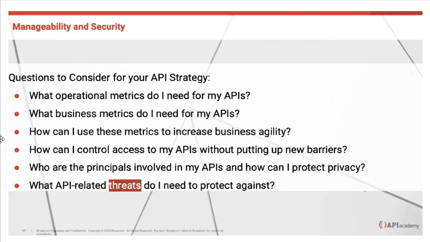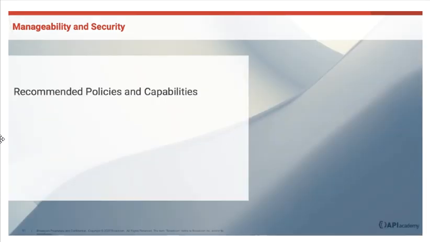These are undeniably big questions for the manageability and security of your API program, but they're also the ones that can be most effectively addressed by technology. The potential business benefits of APIs are highly attractive, but you can't chase those benefits at the expense of accountability and security.